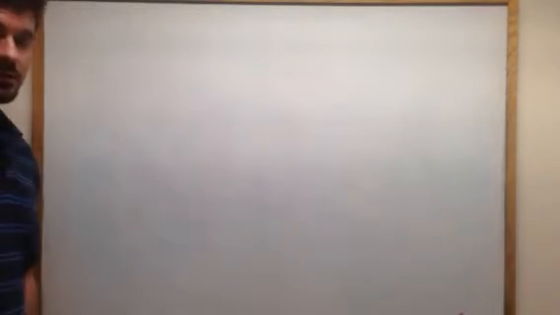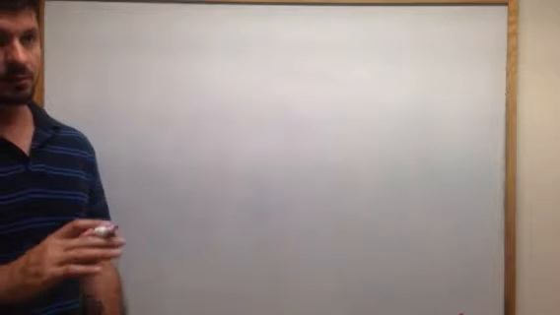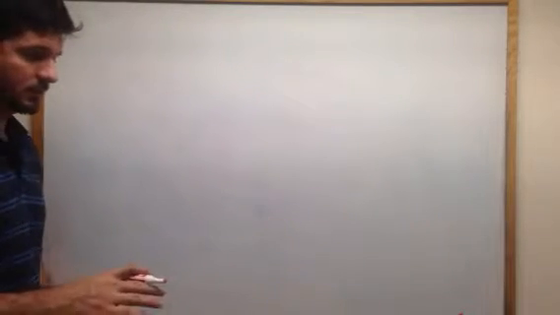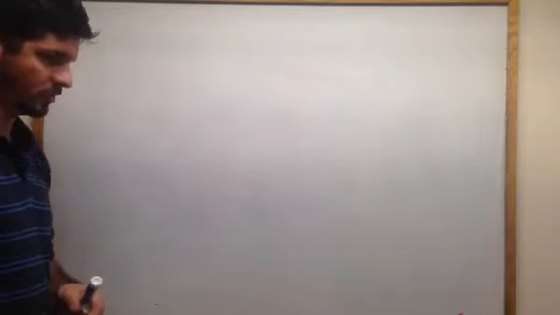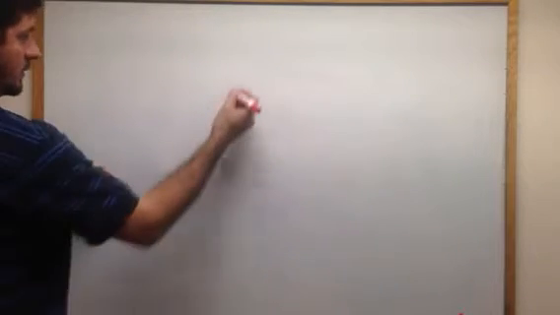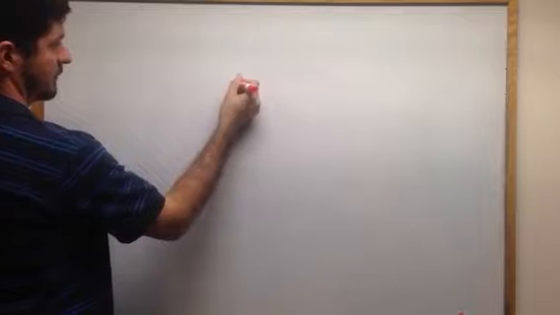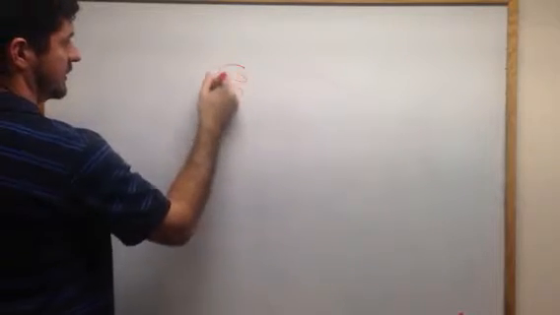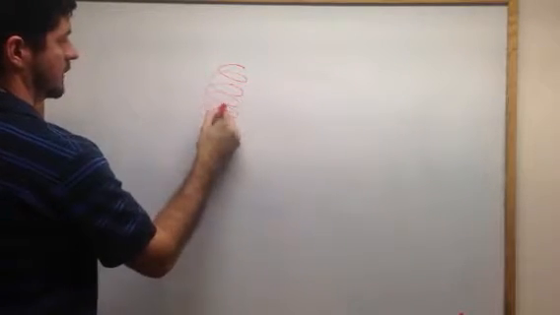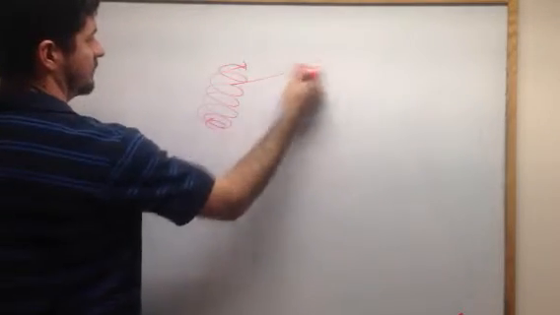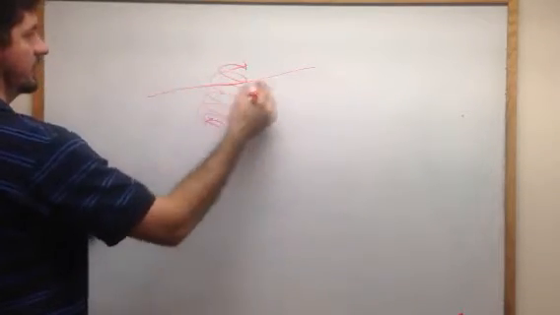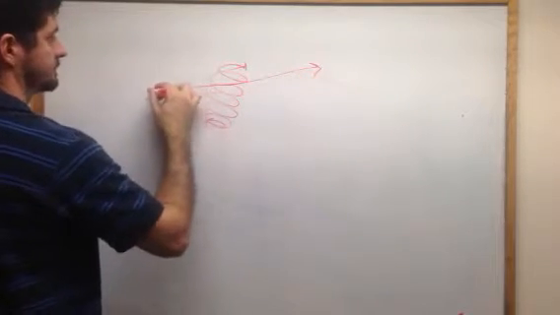Now, what's fascinating to me is that astronomers called pulsating stars pulsars. They're pulsing stars. And they think they're just these rapidly spinning objects, and they emit beams of electromagnetic radiation.